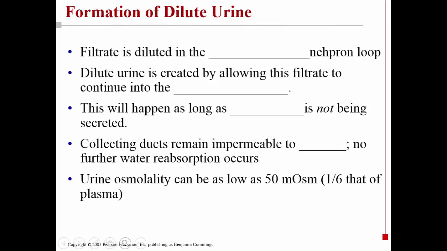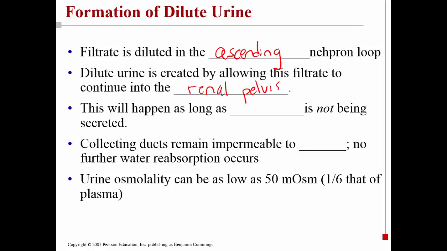Okay, so after it goes through the juxtamedullary nephron, dilute urine is the default. And remember, the filtrate is diluted in the ascending loop. This is where the dilution occurs. And this dilute urine will then filter all the way out to the renal pelvis.